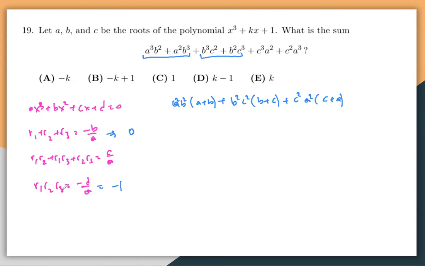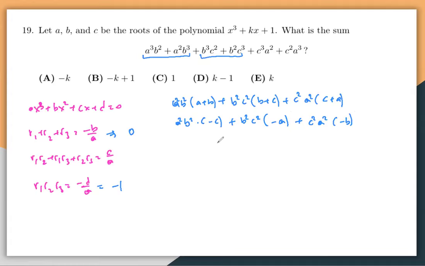And I do know the sum was 0, which means when you add two roots, that will be the negation of the third one. So right here we have a squared b squared times negative c, and then b squared c squared times negative a, and then c squared a squared times negative b.